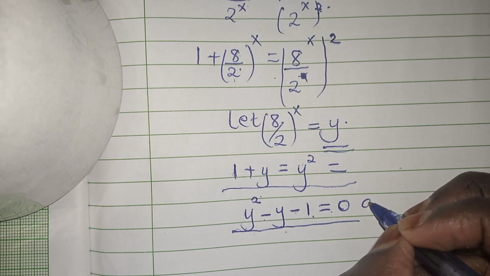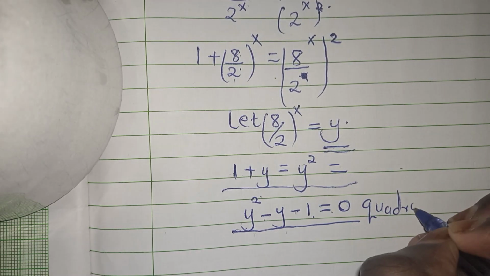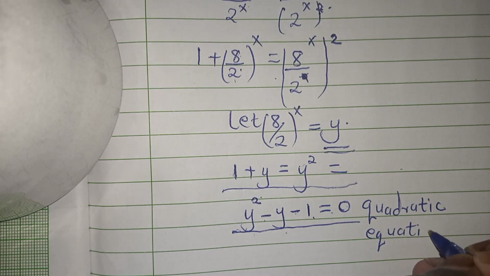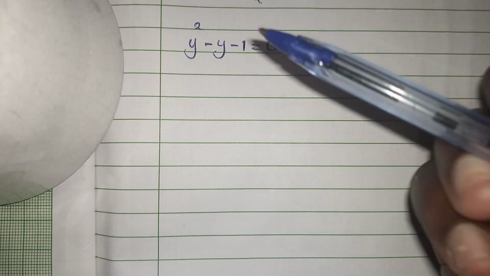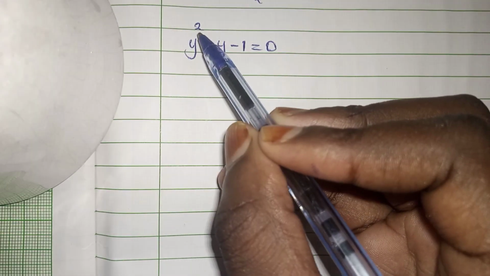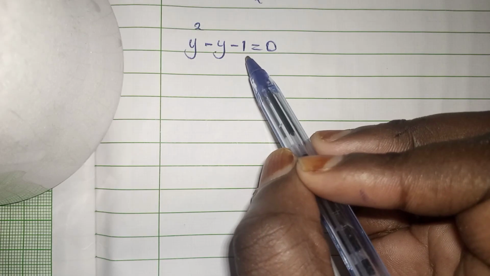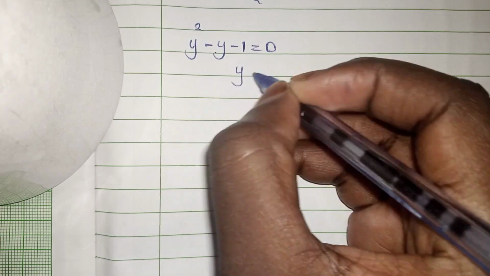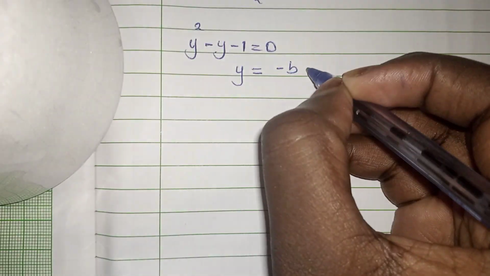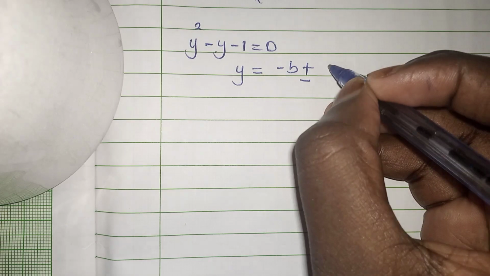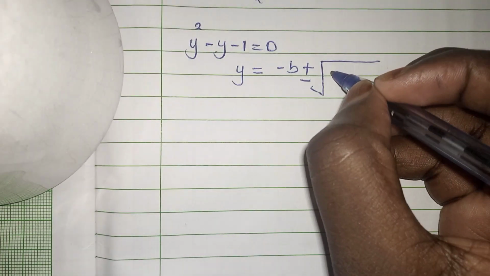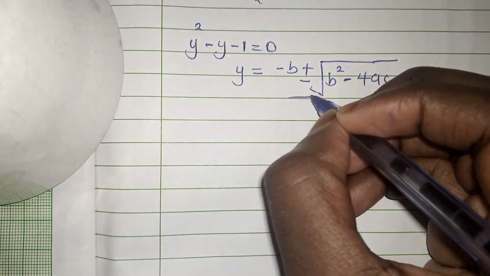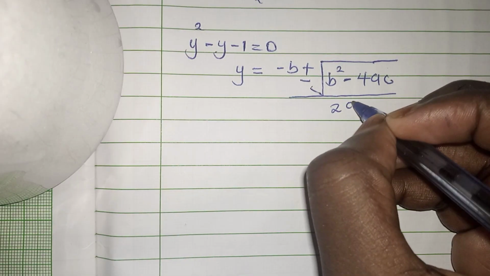So this is our quadratic equation. I want us to solve it using the quadratic formula, where we have y is equals to minus b plus or minus the square root of b squared minus 4ac, all this divided by 2a.